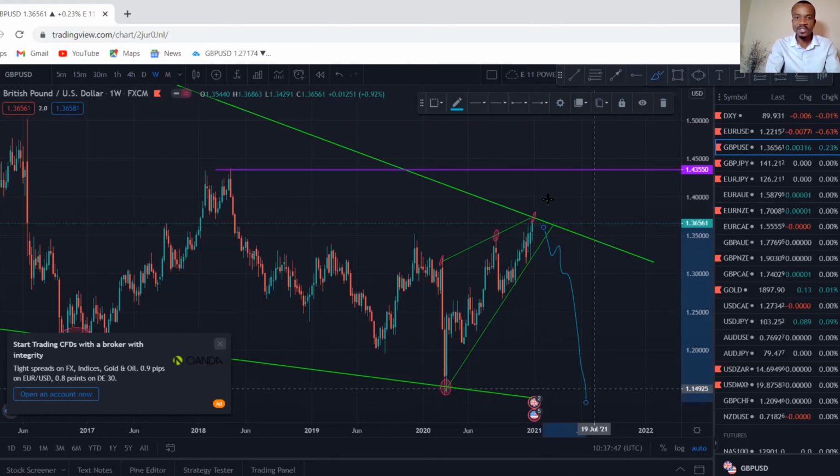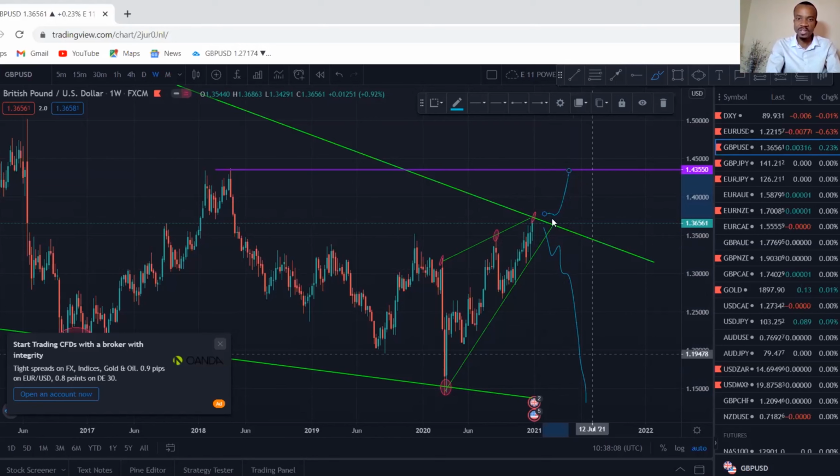But if price decides to break out of this area, the price will consolidate around there and then shoot to this area. When price reaches there, that's where we'll take a look at what happens. But at the moment, we anticipate a third touch there, and then a push to the downside.